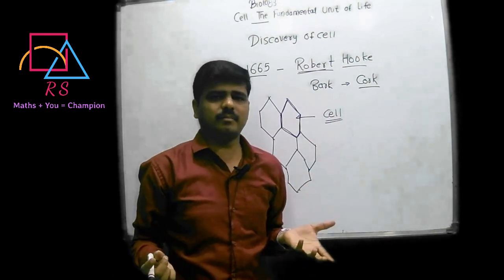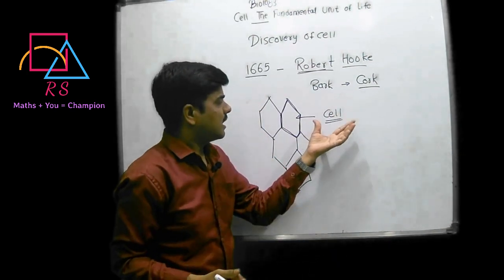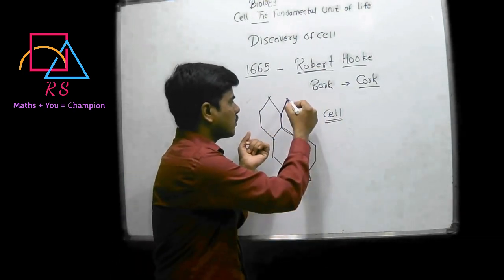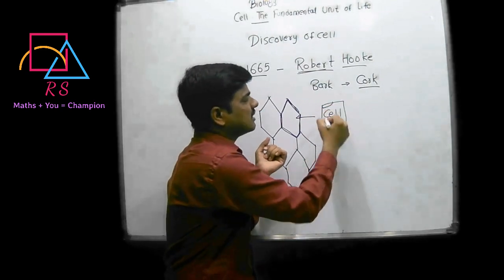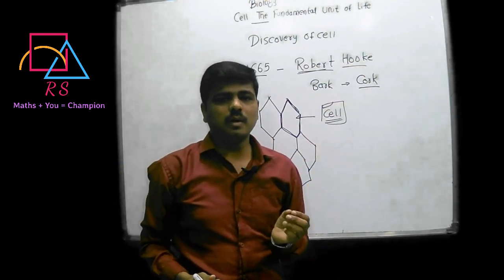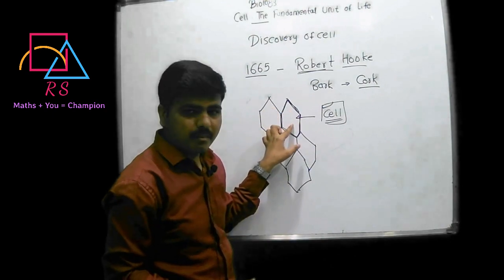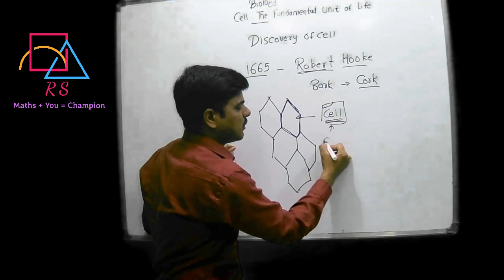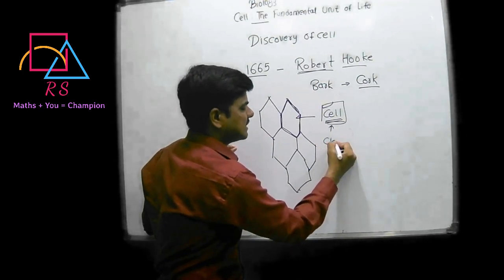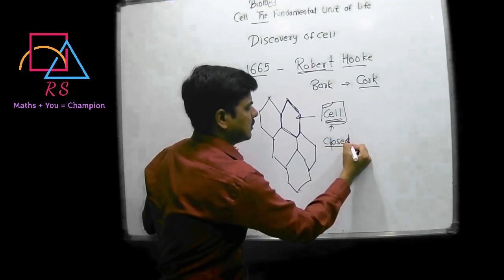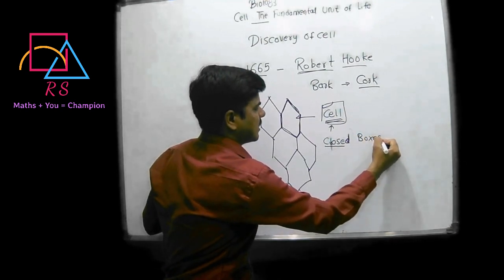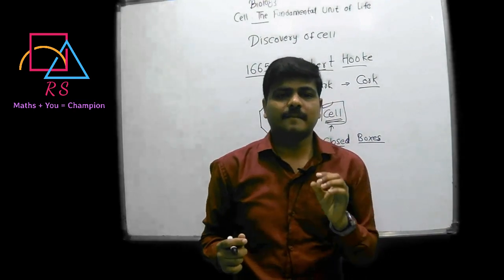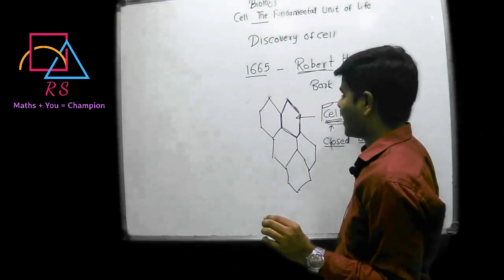Now you might be thinking, sir, why is it called a cell, why only cell, why not other things? So let me tell you, as they were closed compartments, in Latin there was a word for closed boxes, that is cellula, meaning cell.